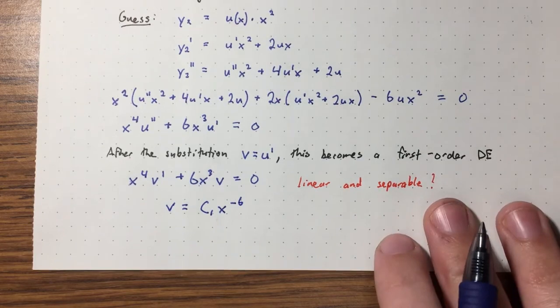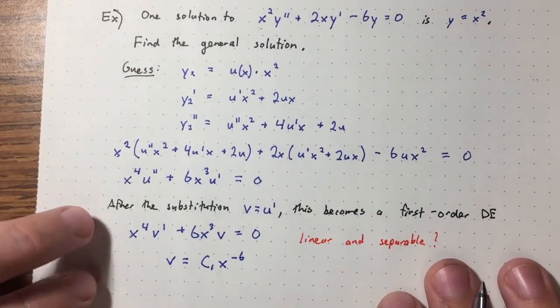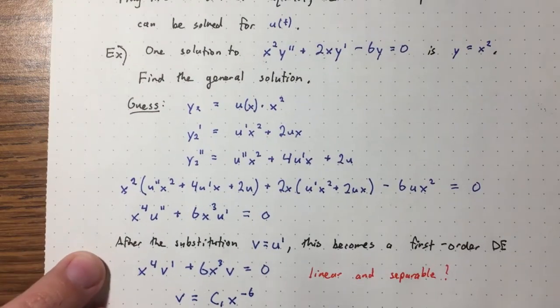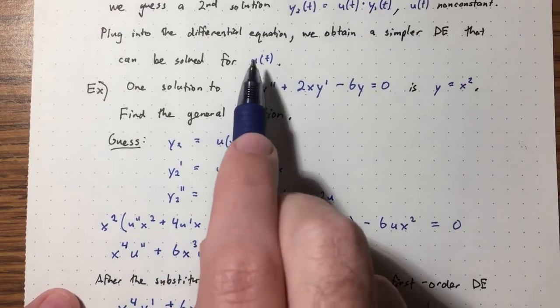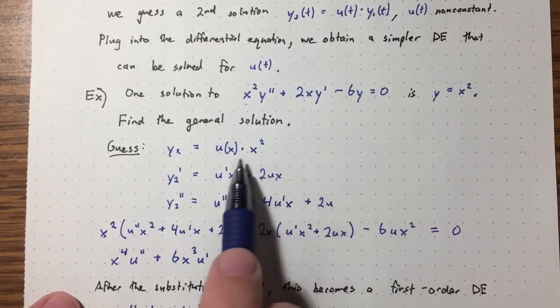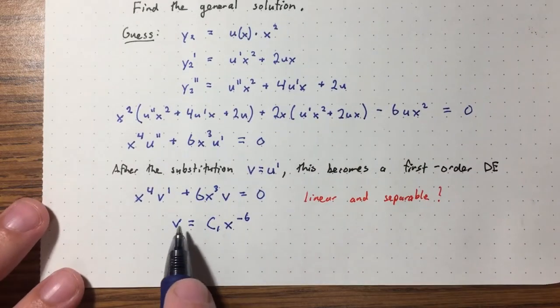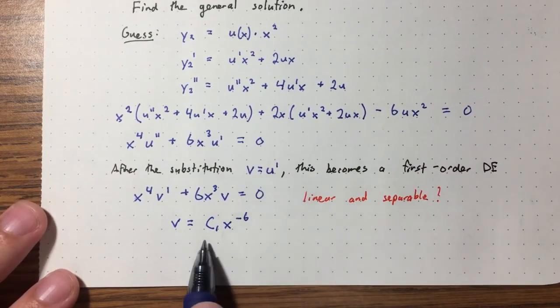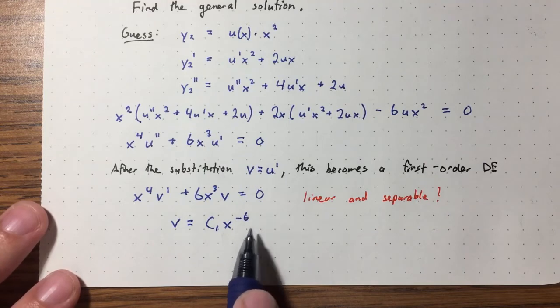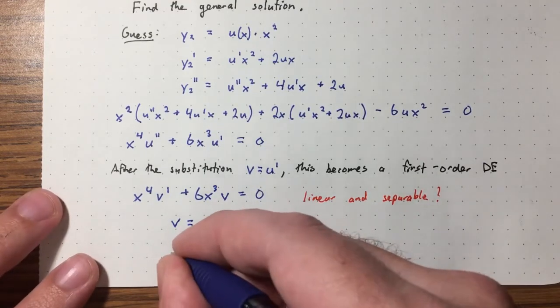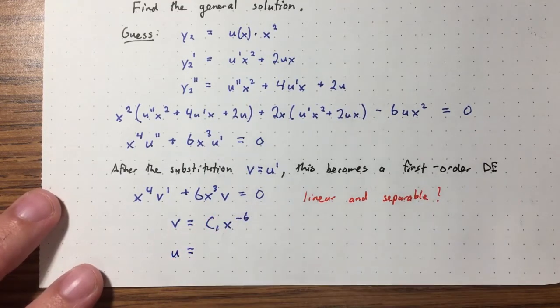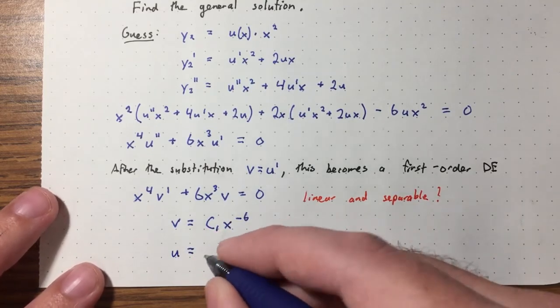Well, let's try to remember what we were doing. We just solved this problem within the problem, but we're after u of x. This is v, the derivative of u of x. So what is u of x? It's going to be the antiderivative of this.